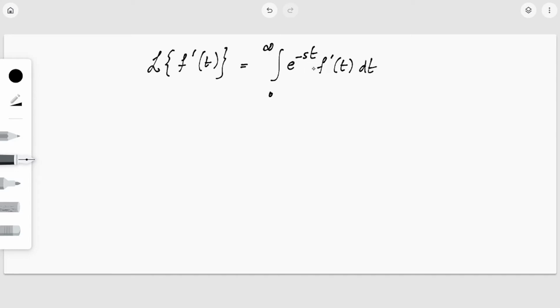Both the terms contain the variable t, so we'll have to use integration by parts. In integration by parts, we consider the first function and the second function. Here the first function will be e^(-st), and f'(t) will be our second function.